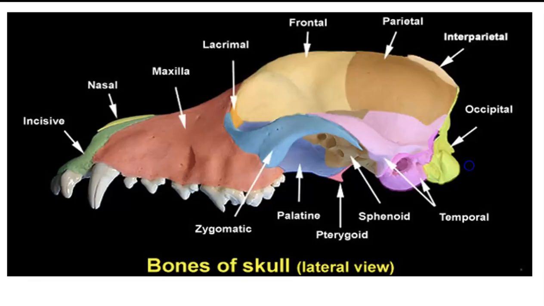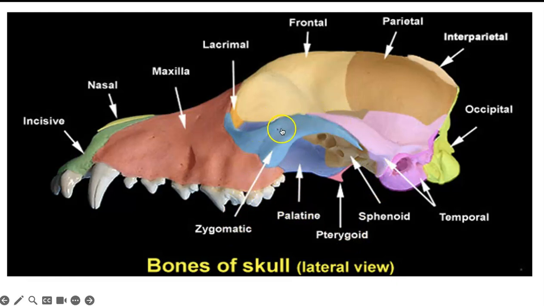If you look at this skull of the dog, you can see the incisive bone, nasal bone, maxilla, lacrimal bone, frontal, parietal, interparietal, occipital, temporal, sphenoid, pterygoid, the palatine bone, and the zygomatic bone.